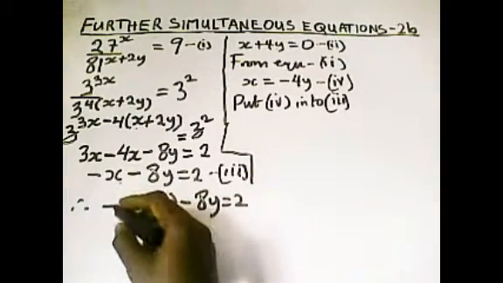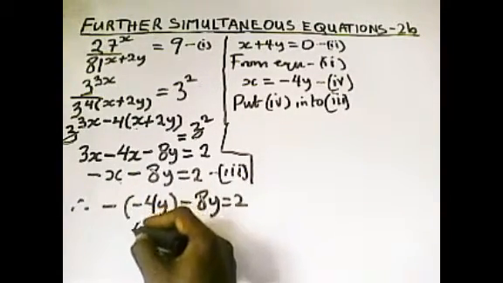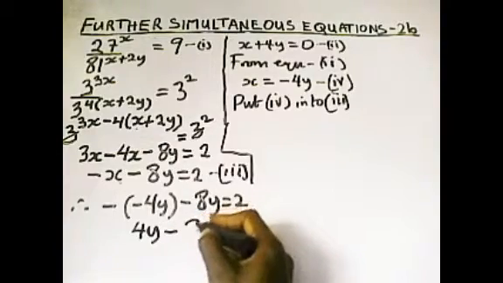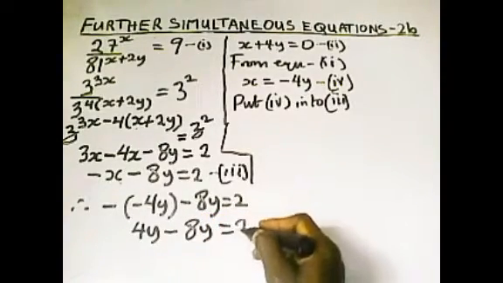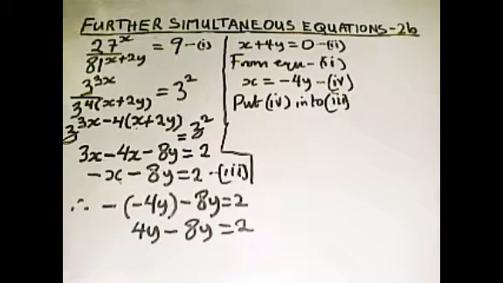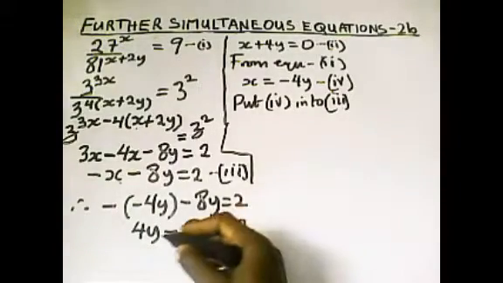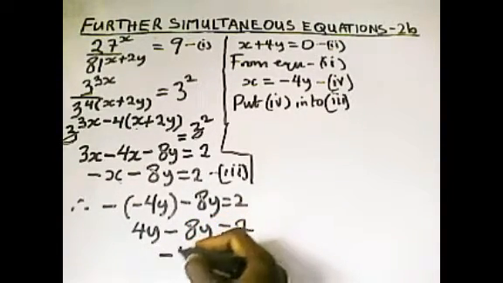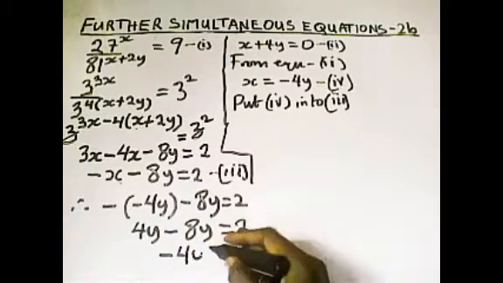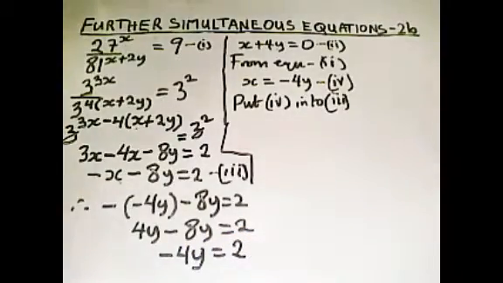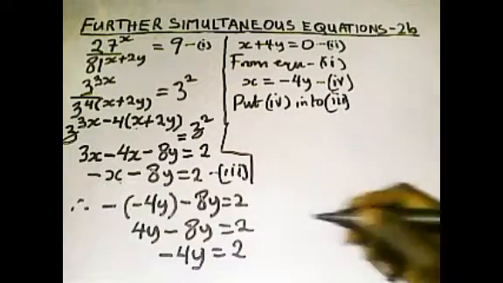Now to open the bracket, this minus 2 times this gives us plus. So we have 4y minus 8y equals 2. If we simplify that, 4y minus 8y will give us minus 4y, equals 2. Now what do we do at this point?